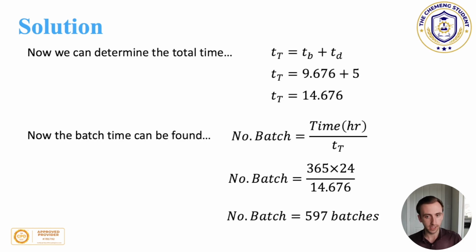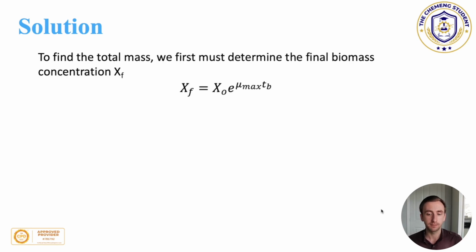Yes, this is unrealistic, but this is what we are just going to assume in this very hypothetical, fictitious example. But ultimately, this wouldn't necessarily be the case unless we had multiple reactors running in parallel. But after performing this calculation, we work out that within the amount of time in that year, we'll go through 597 batches.